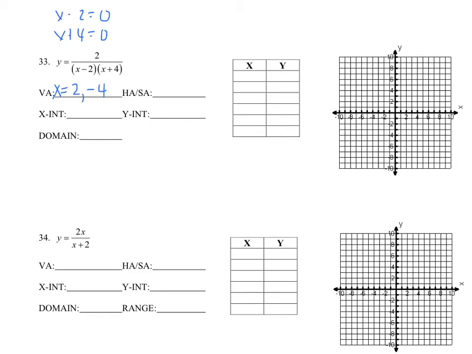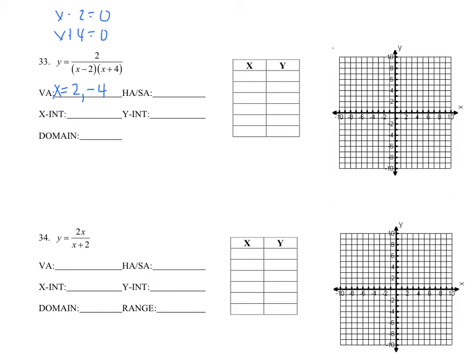Okay. The HA and the SA is where it gets complicated. Remember that if the degree in the denominator is larger than the degree of the numerator, then you're going to have an HA at y equals 0. Okay, so let's go ahead and just take a little active note about this.